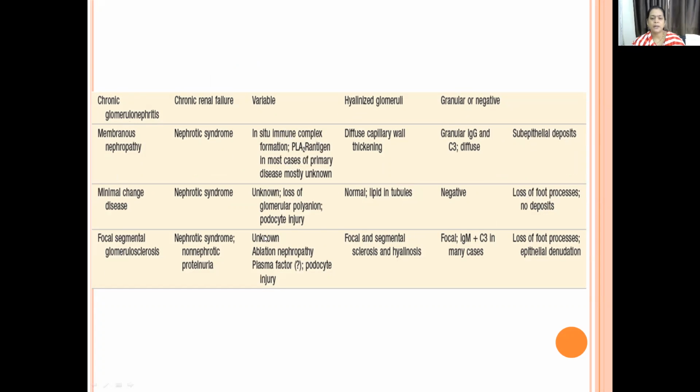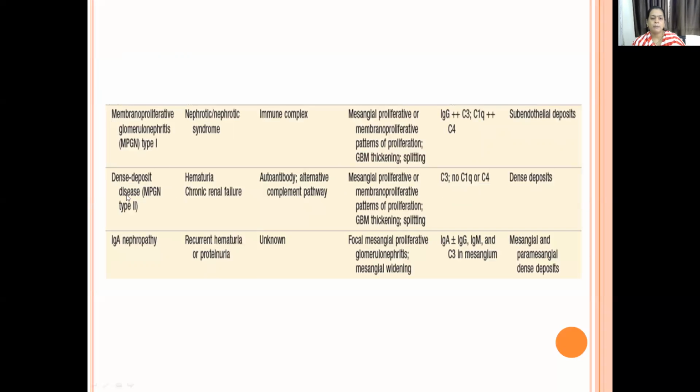FSGS, I told you, the ablation nephropathy as a result of unilateral agenesis or reflux nephropathy. Podocyte epithelial damage is the main thing. IgM and C3 will be seen, and loss of foot processes and epithelial denudation is the main feature. In MPGN 1, it is usually by the activation of the classical complement pathway, with IgG or C3 and subendothelial dense deposits.